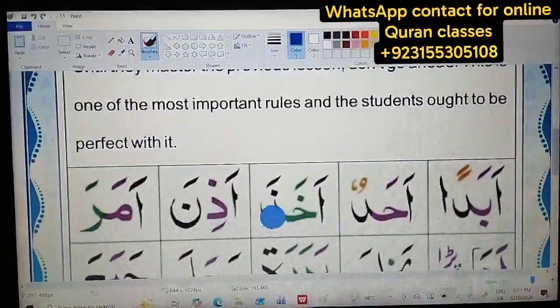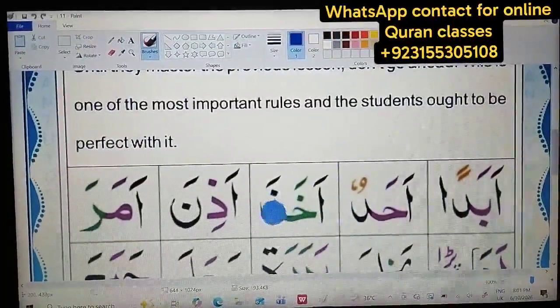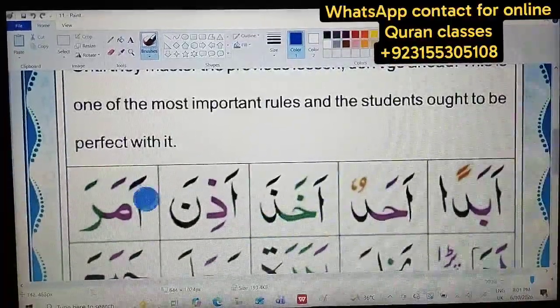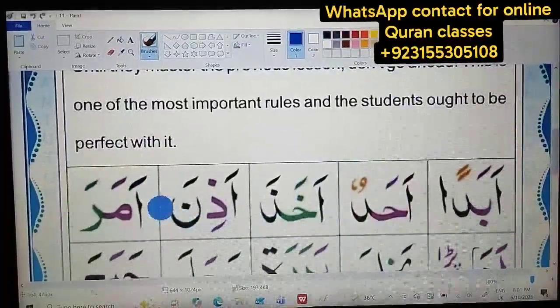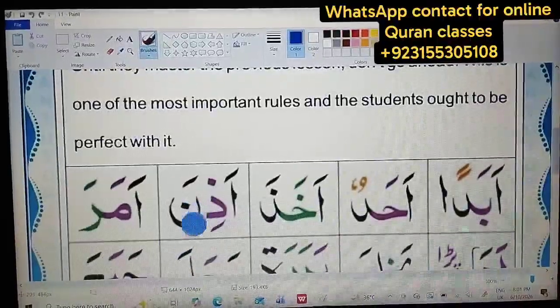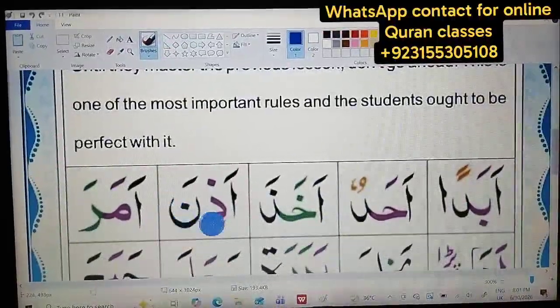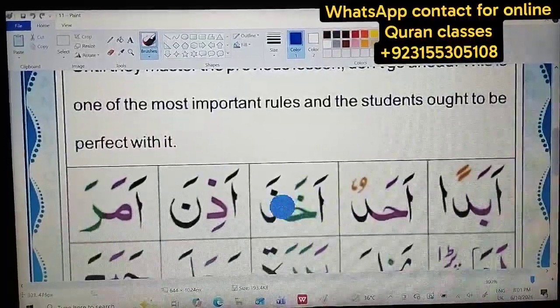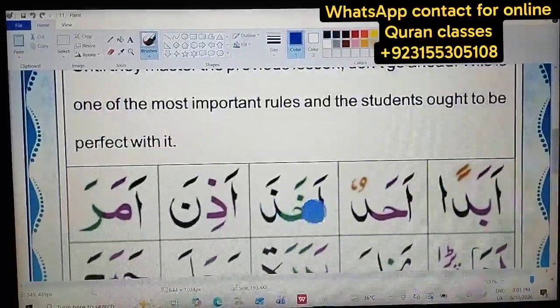This is not noon. Some students read it as noon. It is like a noon, but the shape is a little bit different. This one is noon. The noon is written in a word like this. This is the shape of noon. This one is dhal. So this is akhadha, waqf, akhadh.